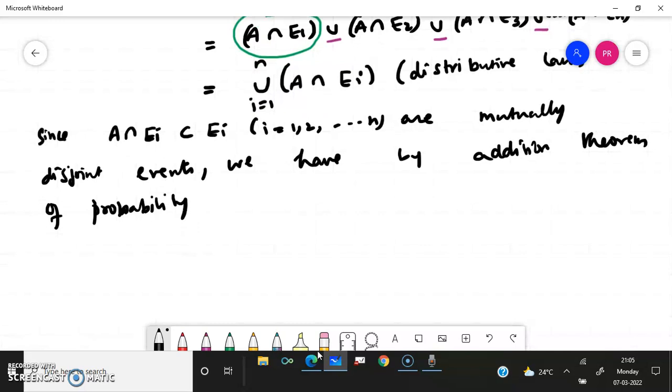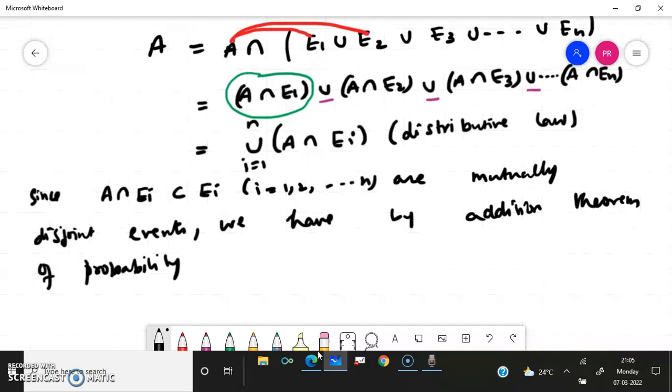All these events are mutually exclusive, right? See, all these green circles I have drawn, all these events are mutually exclusive, mutually disjoint we can say. This is also mutually disjoint.